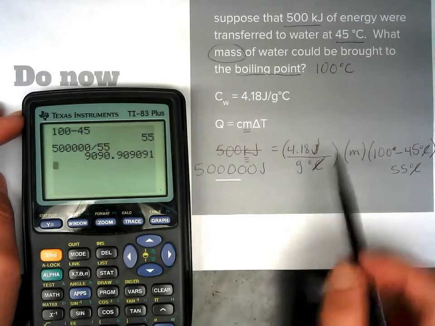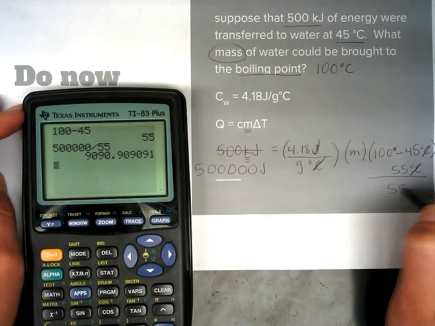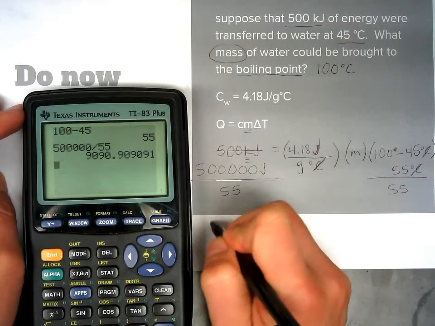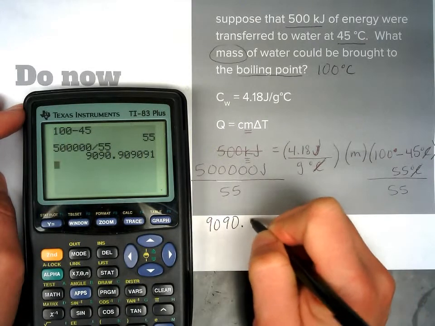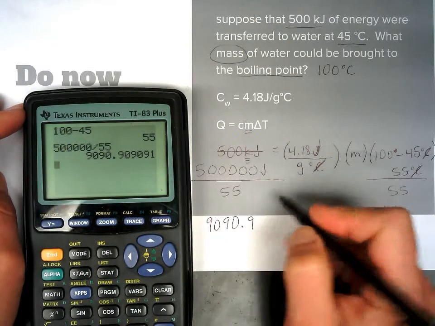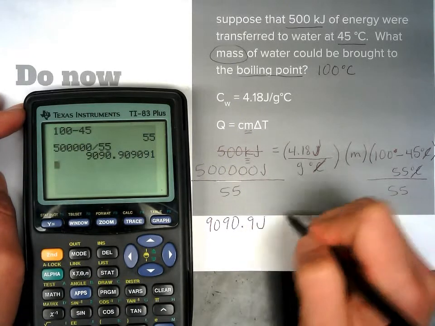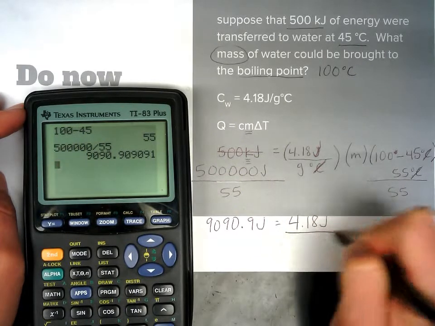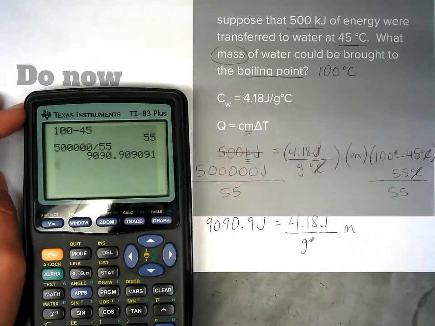Then I'm also going to divide by 55. So now I have 9090.9 joules, and that equals 4.18 joules per gram degrees Celsius, times mass.